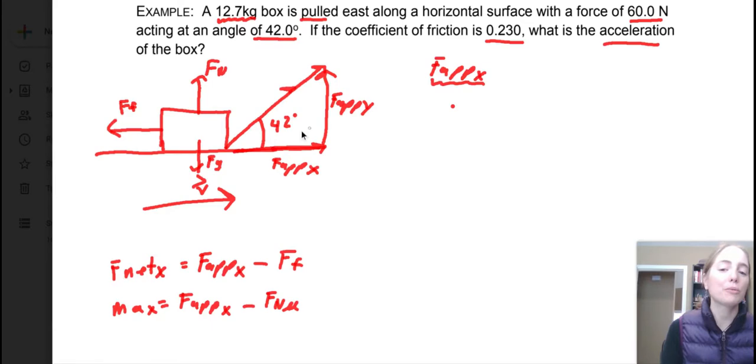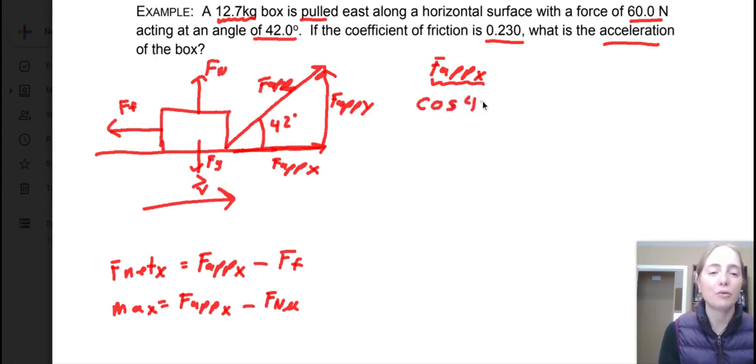Okay, so I'm going to use cosine, same again here, because my overall force applied is my hypotenuse, and what I'm trying to find is adjacent, so that's going to be cosine. So my cosine of 42 is going to equal my force applied x divided by my overall force applied. I'm going to multiply out that force applied on both sides.